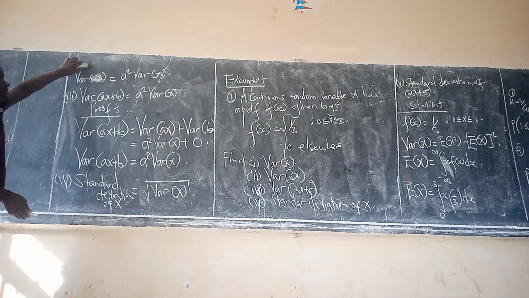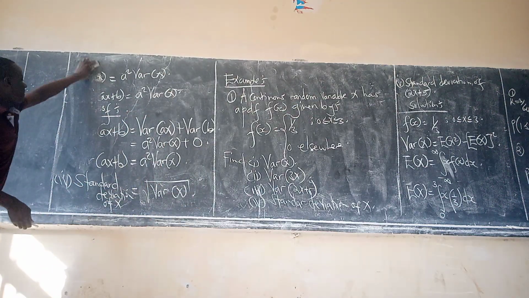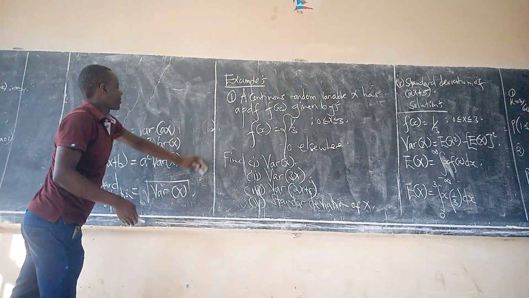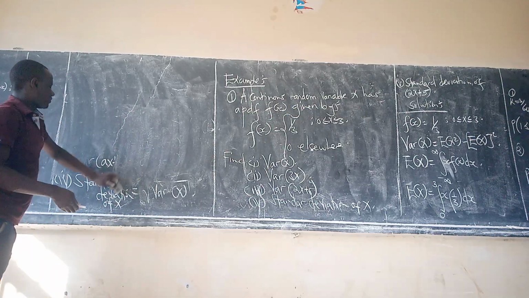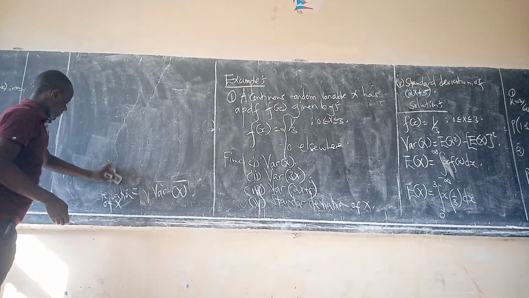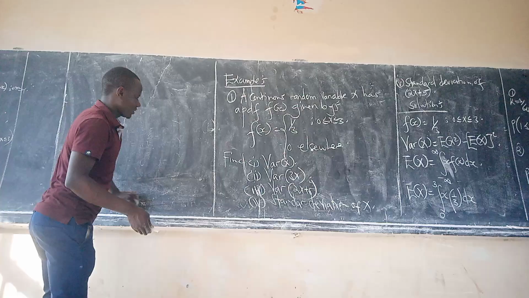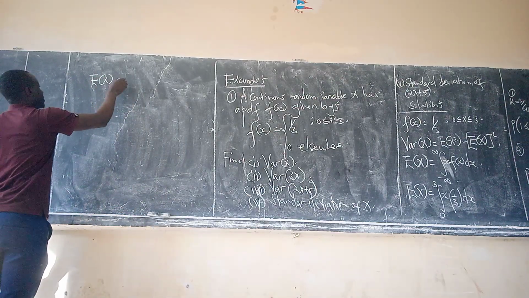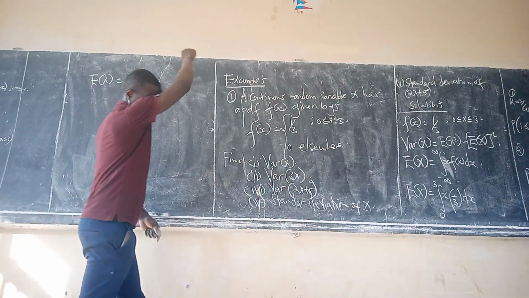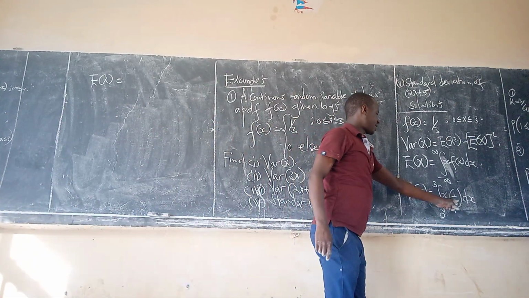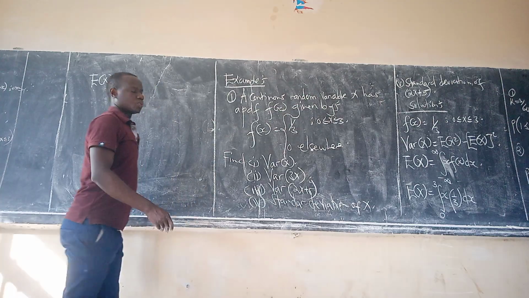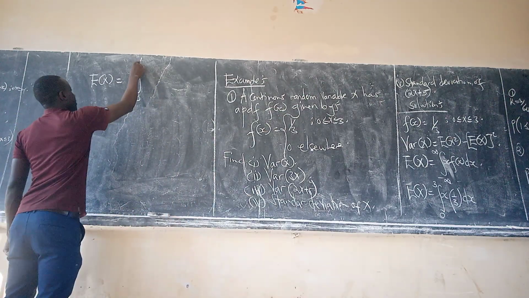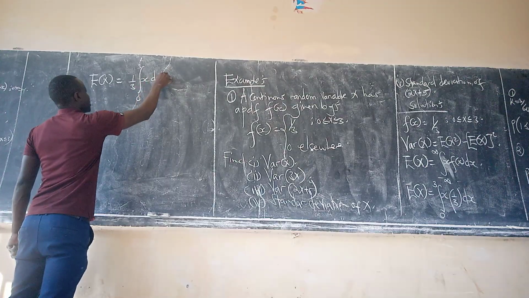So our expectation of x is now going to become, this third is a constant, so we pull it out. So it is a third, the integral from 0 to 3 of x dx.